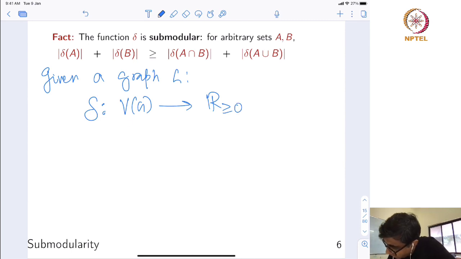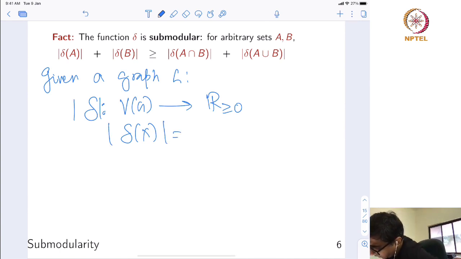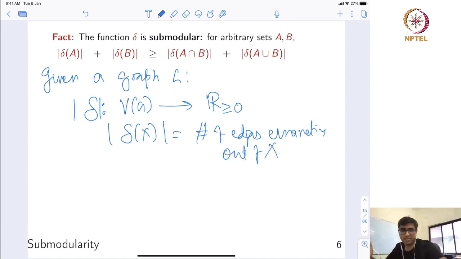What was the function? Delta of x. Let's call this function. So what was delta of x? It is basically the number of edges emanating out of x. Okay, that's it.